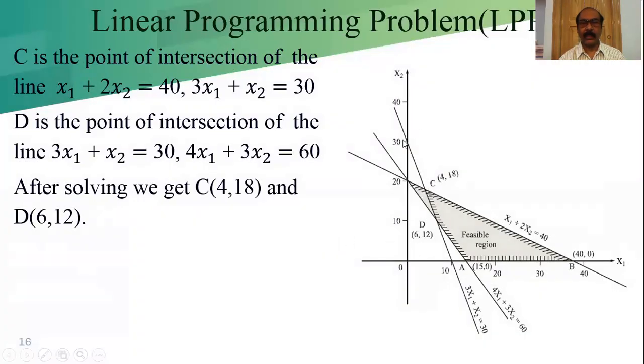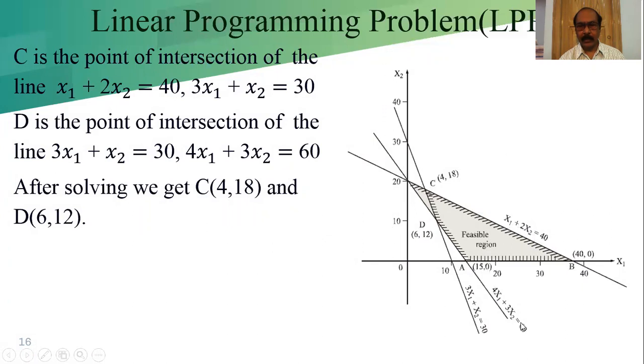So this is our plot. After plotting the lines, this is our x1 axis and this is the x2 axis. This is the origin O (0, 0). There are 3 lines. The first passes through (40, 0) and (0, 20): this line is x1 + 2x2 = 40.